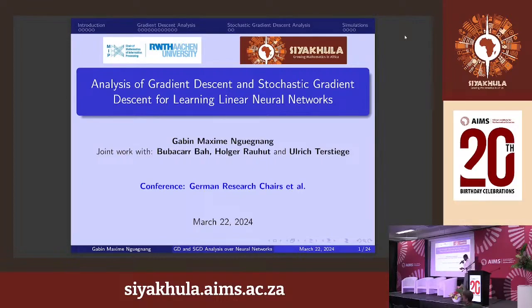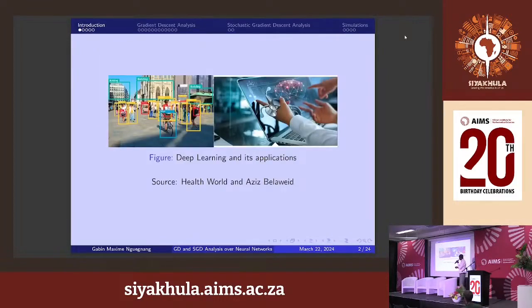So as we know, deep learning is now the main agent of modern industrial revolutions. And we can see the evidence and the impact in many areas, like object detection in medicine and many more areas.